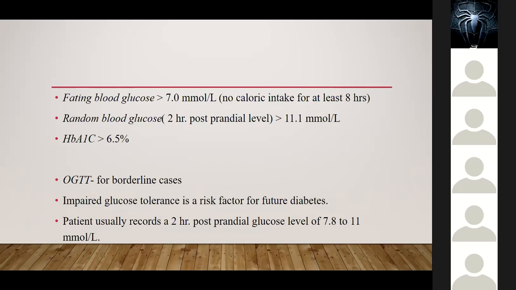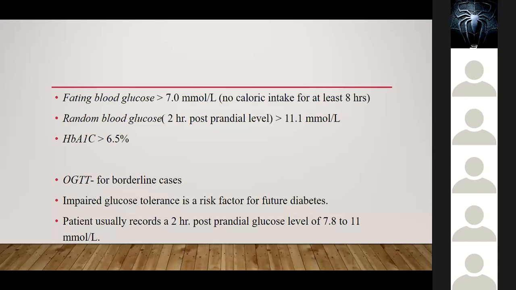If you've just eaten, then 2 hours after that, we expect that your sugar should fall. Okay, but 2 hours after that, if you are getting sugars above 11.1, then we would say that you are diabetic. If we check your glycated hemoglobin, which tells us your sugar control over the past 3 months, and you are getting about 6.5% and above, then we would be worried and we would say you are diabetic.